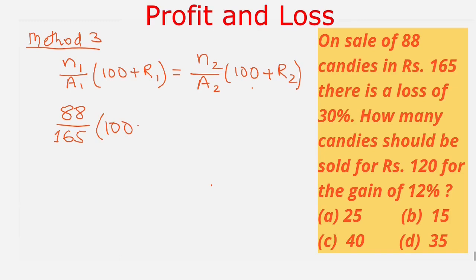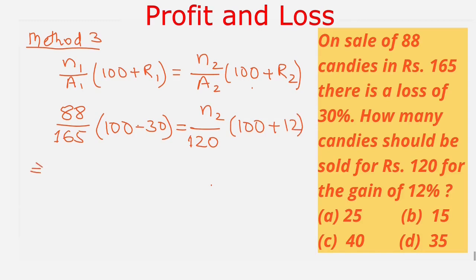R1 is a 30% loss, so it is 100 minus 30 as it is a loss. N2 is asked of us and the amount is rupees 120. We want the quantity to be sold for rupees 120 for a profit of 12%. So R2 is 12, and we put 100 plus 12.